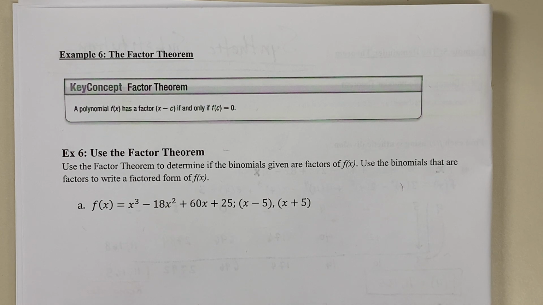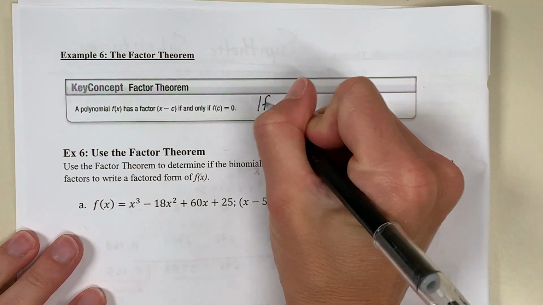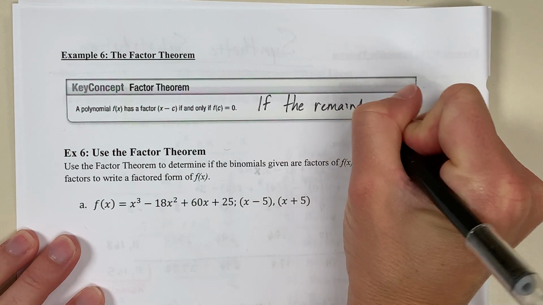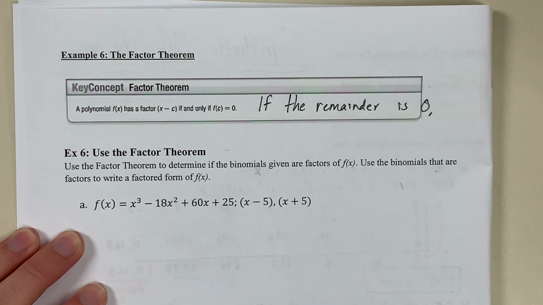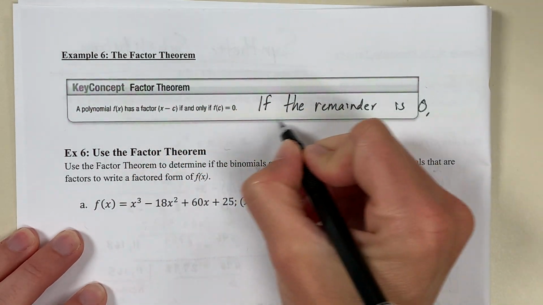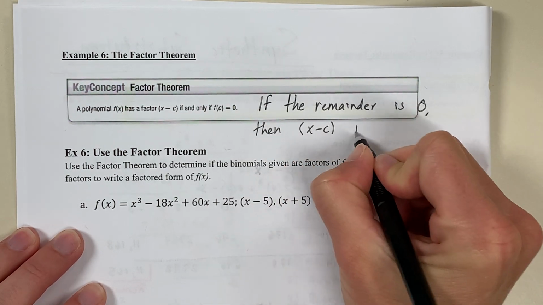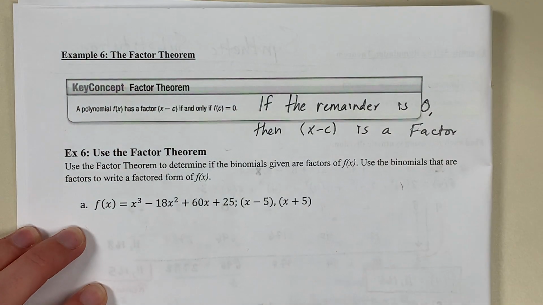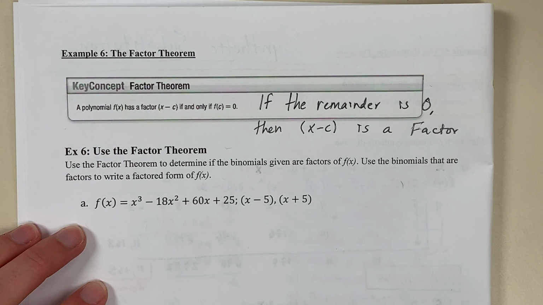To put this into terms that we understand, if the remainder when using synthetic division is 0, then the binomial, which we'll call x minus c, is a factor of the polynomial. So if the remainder is 0 using synthetic division, then x minus c is a factor of the polynomial.